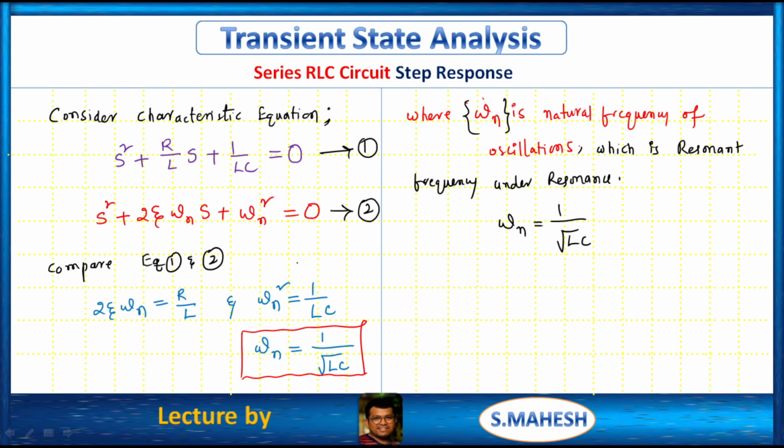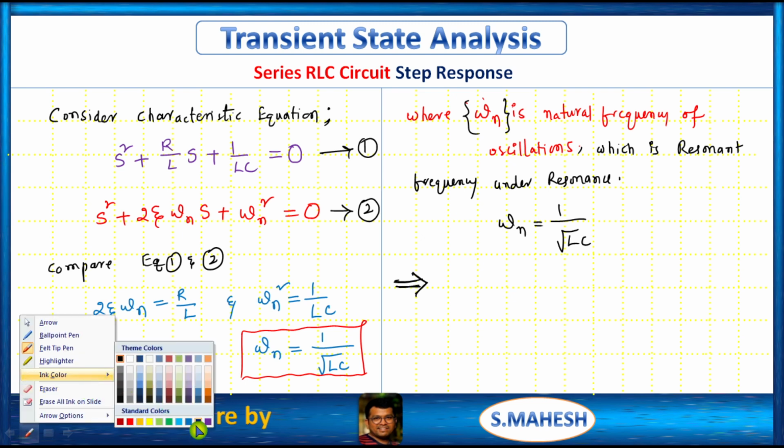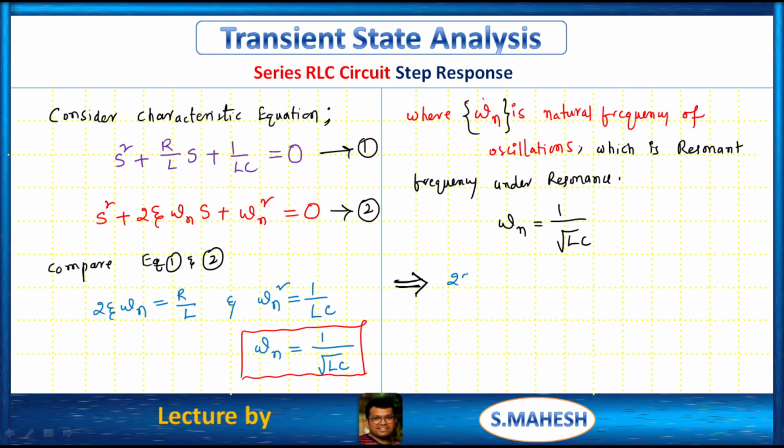Next, from this, 2 zeta omega n equals R by L. Listen carefully. 2 zeta omega n equals R by L. Therefore, 2 zeta times 1 by root LC equals R by L. From this we have to get zeta.